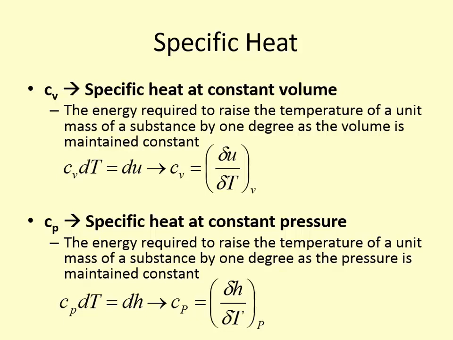So this is review from the last lecture. If you have questions on that, you can go back to it. But in part, the definition of the specific heat depends upon whether or not this enthalpy term comes into play.